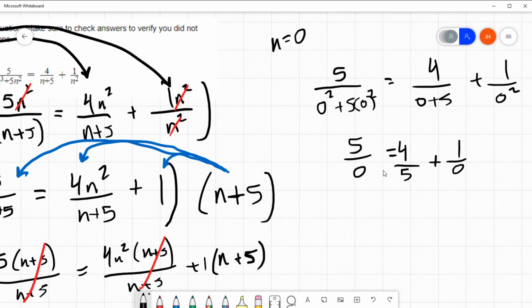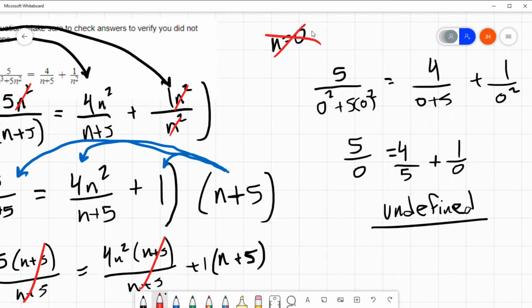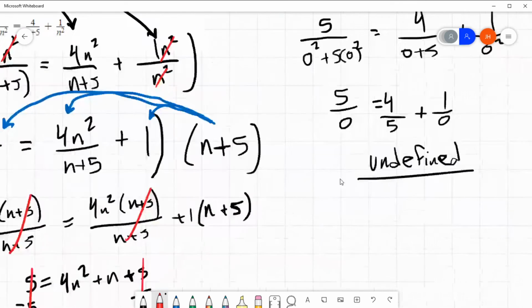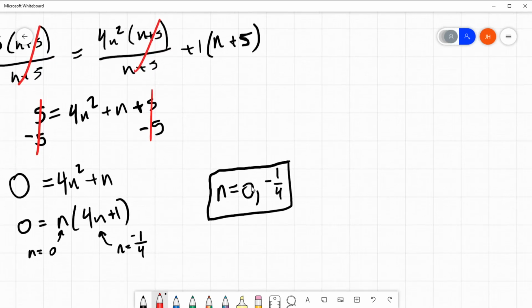Which is not okay, right? Because division by 0 gives me an undefined answer. So this actually should be crossed off from my solutions list. So really, the only solution is n equals negative 1/4.